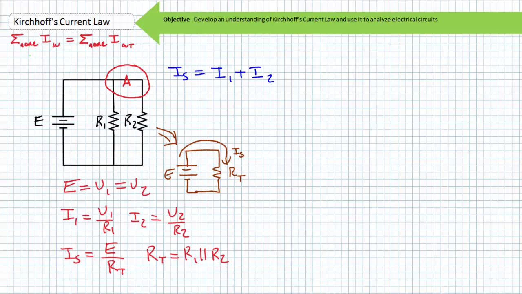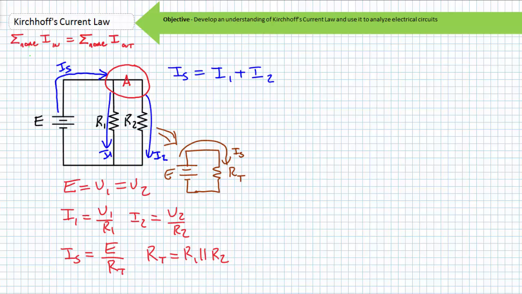Returning to this parallel circuit, if a given quantity of conventional current leaves the positive terminal of the source, it has no choice but to travel from the positive terminal to this amorphous blob I'm calling node A. That same quantity of current must leave node A. However, it has a choice to travel through two paths, either through R1 or through R2.